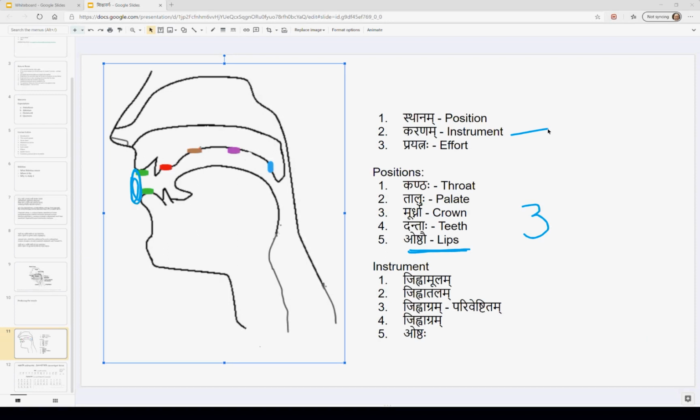Oshtau is the position, the position of the lips when you are doing U, Pa, Pha, Ba, Bha, Ma. The actuator is the lips, and the position is also lips.